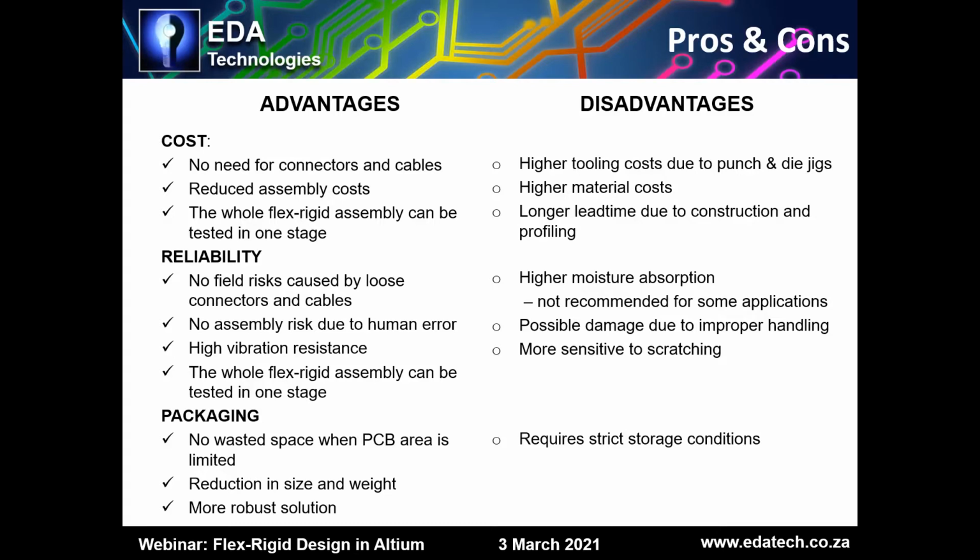Disadvantage is the tooling cost is usually much higher, because to keep the thing together and to align it and to make sure that the expansion in the XY direction is within tolerances, there's a lot more to be done in the jig. So that's a little bit more expensive. The material is more expensive than traditional FR4, but like I said, because we're making so many boards now in flex rigid, the cost is definitely coming down.